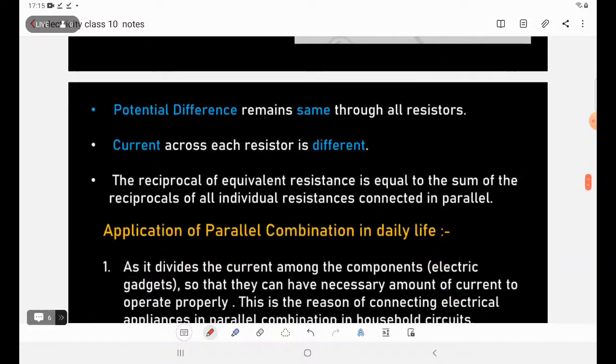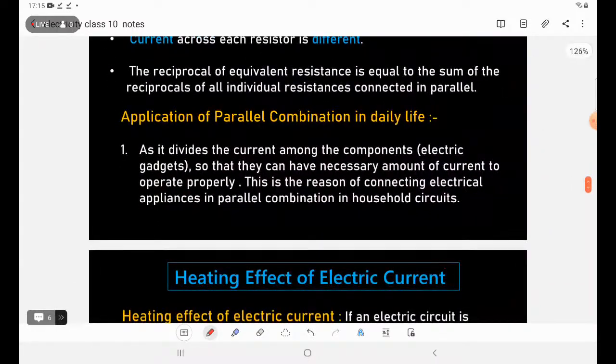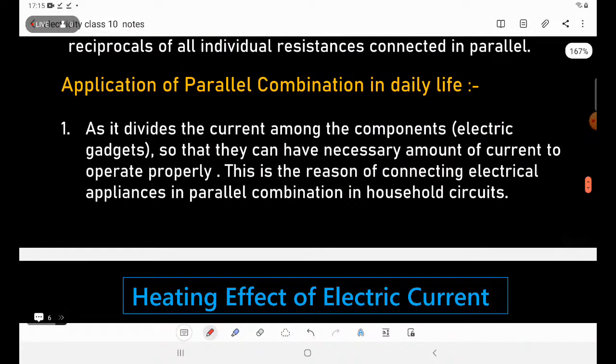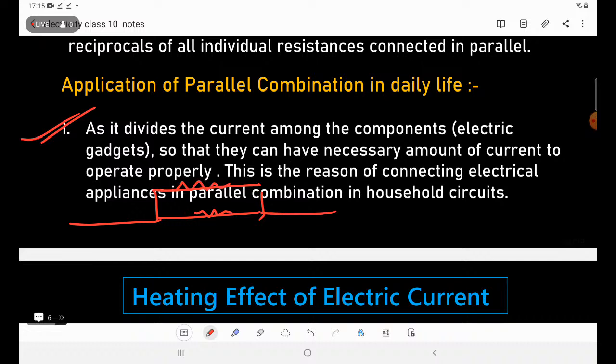So it's better to have a parallel combination in house circuits. So this is very useful in house circuits and all. Why? Because if we connect in series, we can adjust only a certain amount of current passing through that wire.